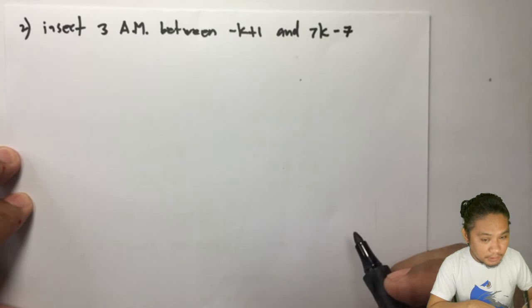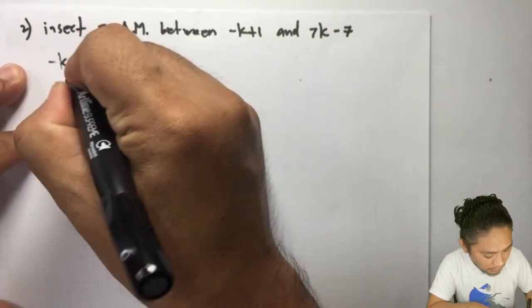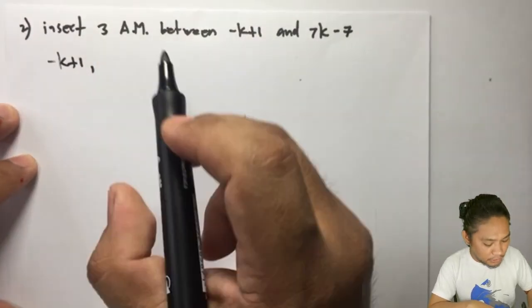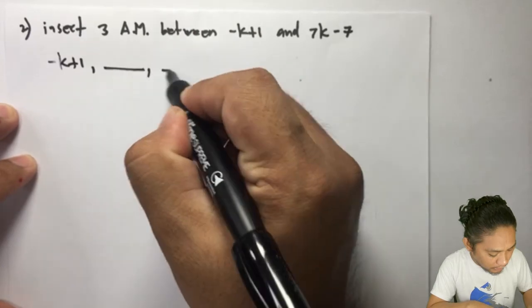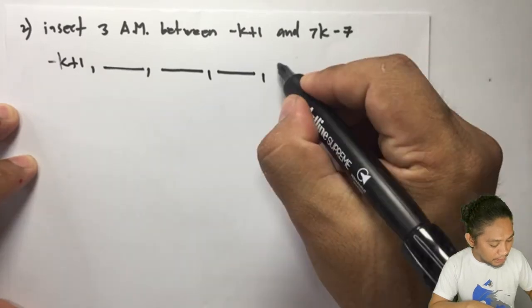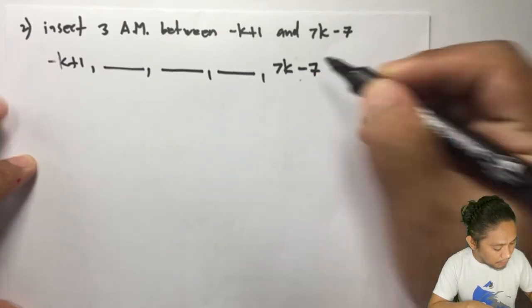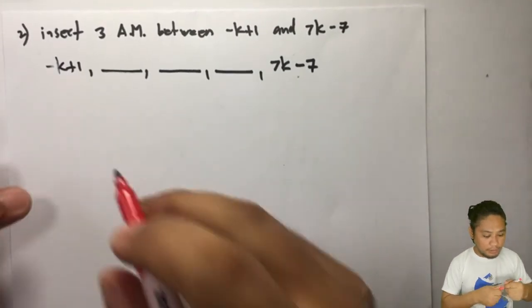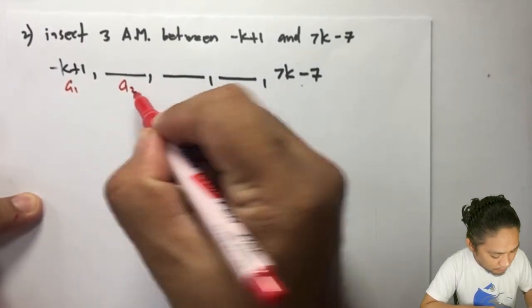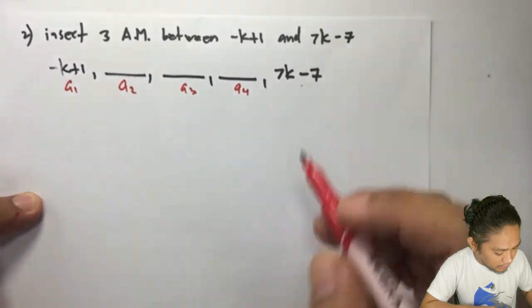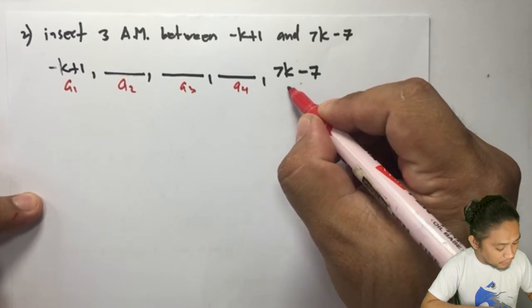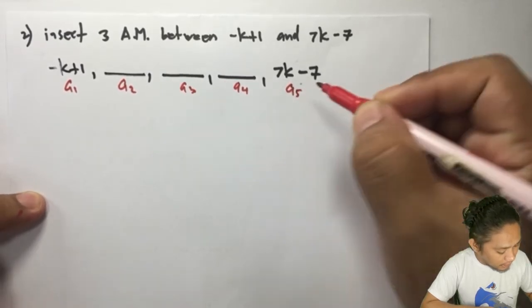Still using the same process, negative k plus 1 is going to be our first term, and we are going to insert three arithmetic means, 1, 2, 3, between negative k plus 1 and the last term, 7k minus 7. So negative k plus 1 is our first term, and then a sub 2, a sub 3, a sub 4 are our three arithmetic means to be inserted between the first term negative k plus 1 and 7k minus 7.